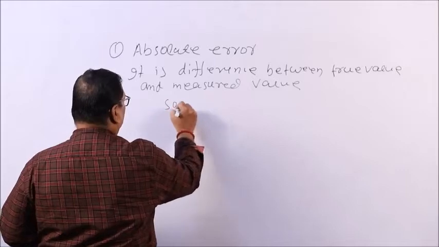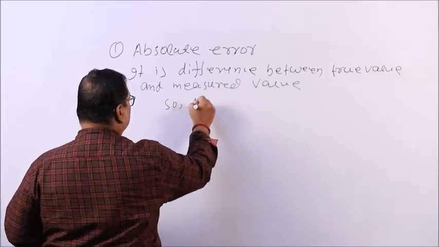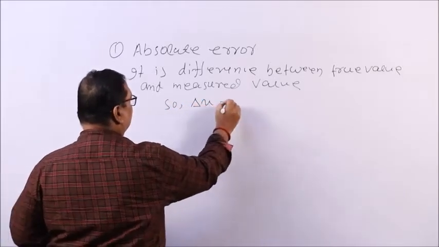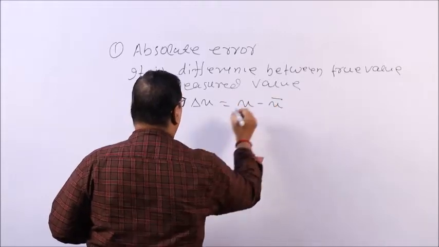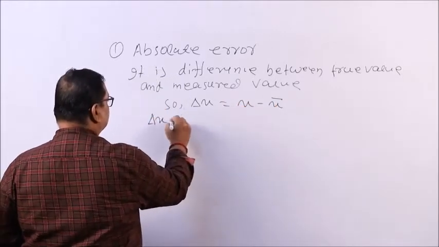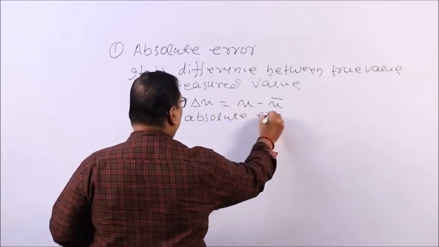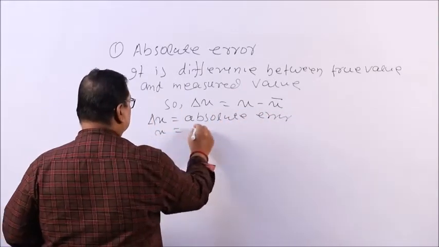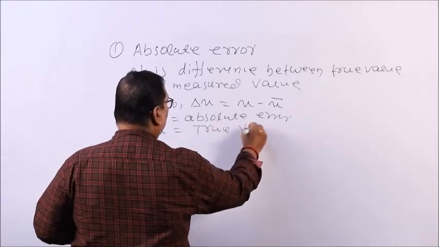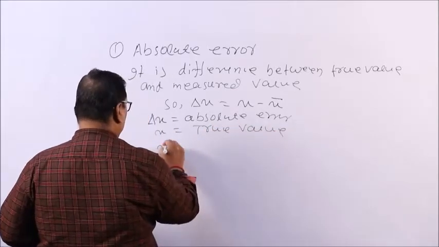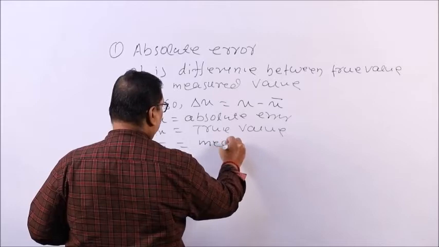So, delta x is the absolute error, x minus x bar. What is delta x? This is the symbol of absolute error, x is the true value, and x bar is the measured value.